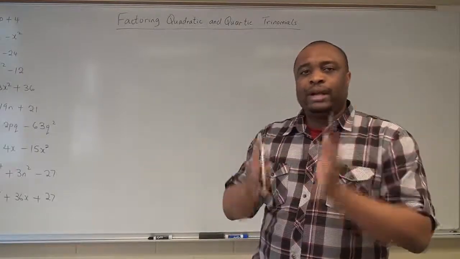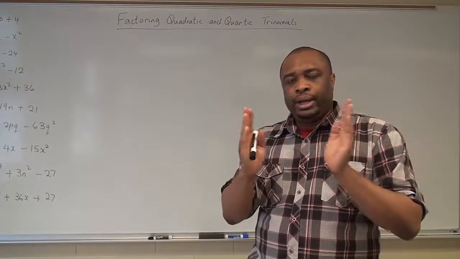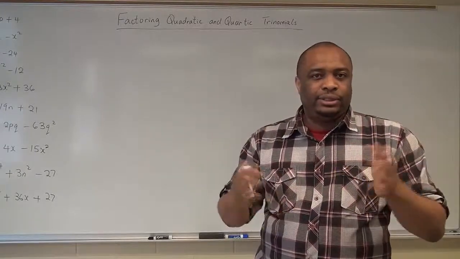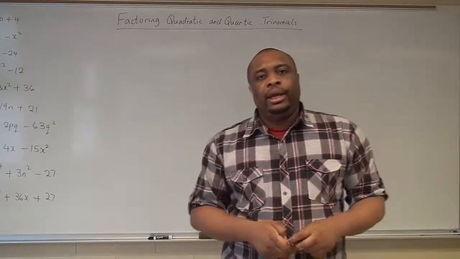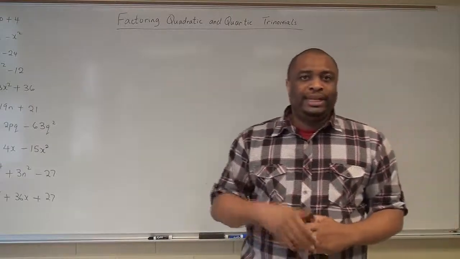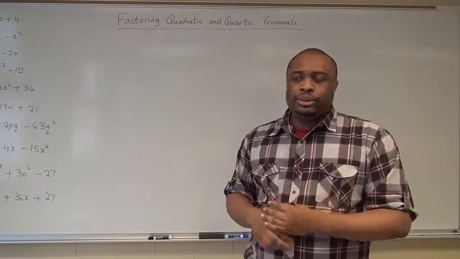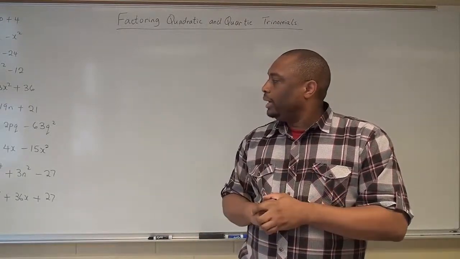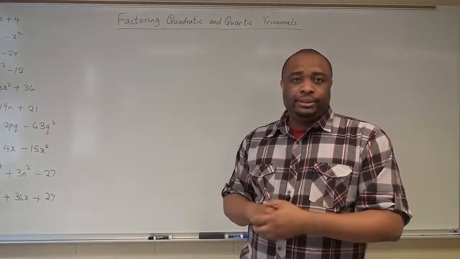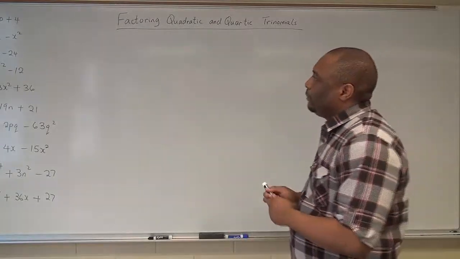When you do factoring and multiply the factors, it should give you back the trinomial, the expression. But we will not check in this one, so we will just solve it and finish it. So let's start from number 7.